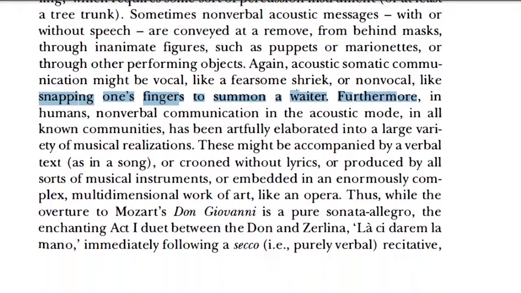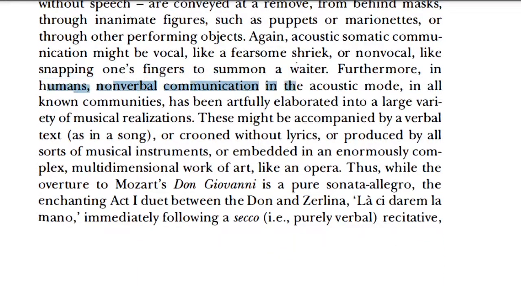Furthermore, in humans, non-verbal communication in the acoustic mode in all known communities has been artfully elaborated into a large variety of musical realizations.